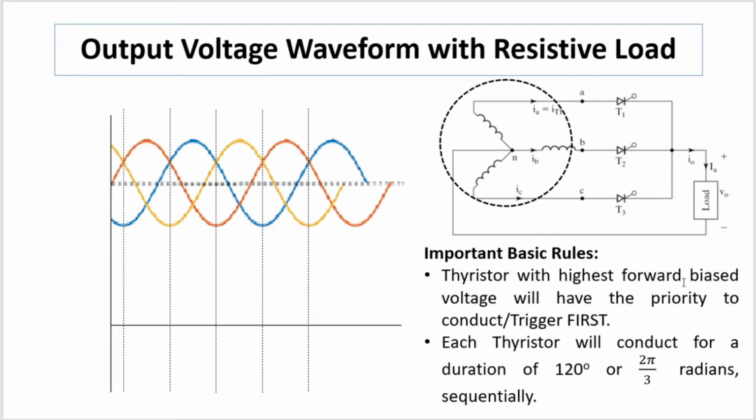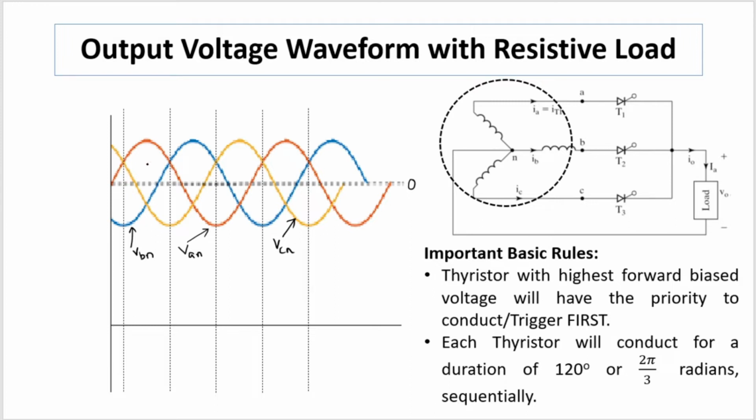Thyristor with the highest forward biased voltage, like from these waveforms of, say, phase A. This red represents the waveform corresponding to phase A with respect to neutral, this blue represents phase B with respect to neutral, and similarly this yellow represents phase C with respect to neutral. Now the thyristor with the highest forward bias voltage is with respect to the ground, this ground axis, the 0 volt axis.